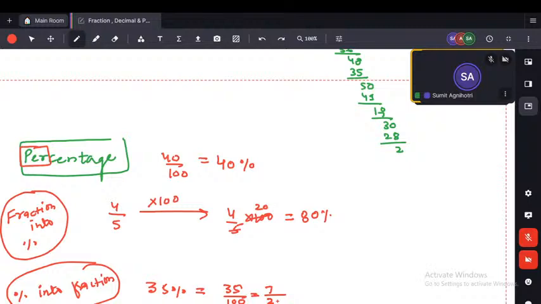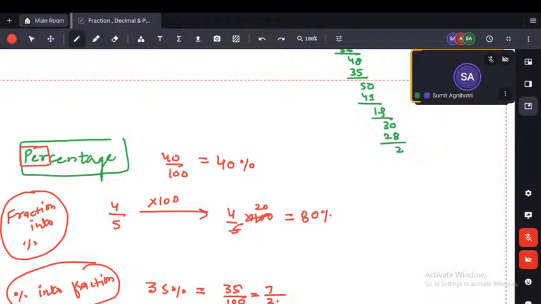And there is one more thing: decimal into percentage. Fraction we already did. What will you do if you want to convert decimal into percentage?